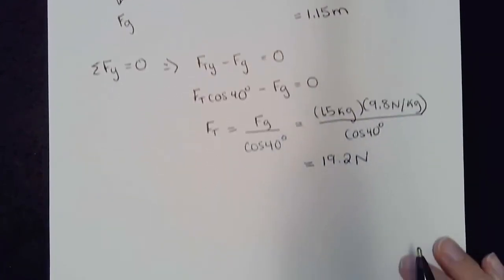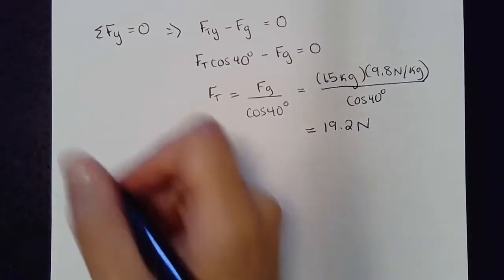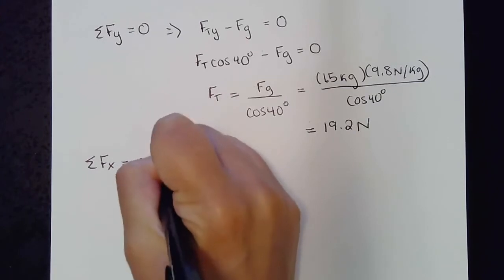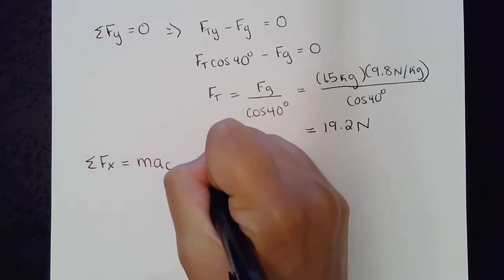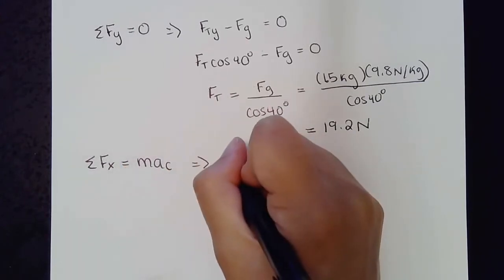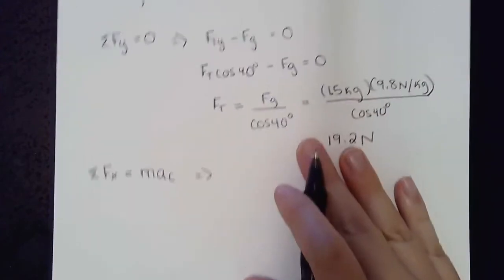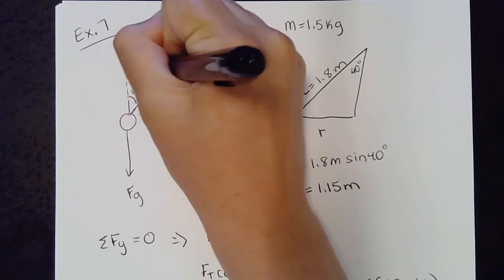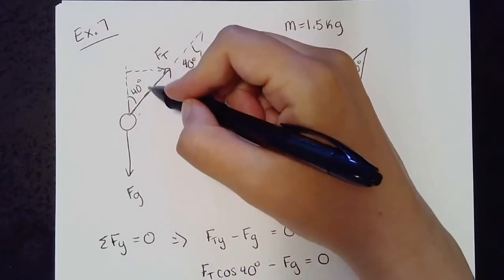Now with that tension, we can look in the x direction and find the speed. So in the x direction, that's equal to m a_c. So we have the only force in the x direction is the horizontal component of tension, just going back up here. It's this component which is sine since it's opposite to the angle.